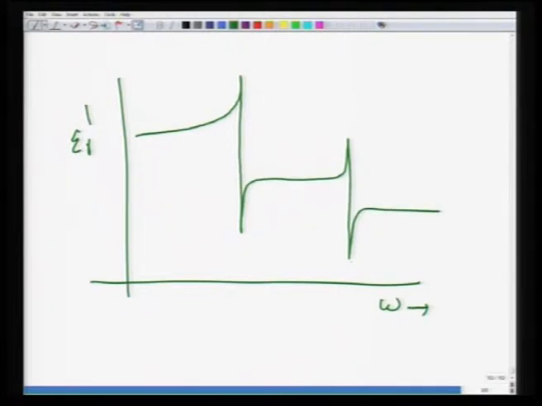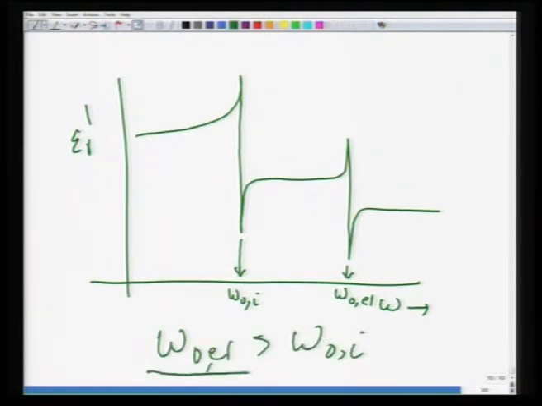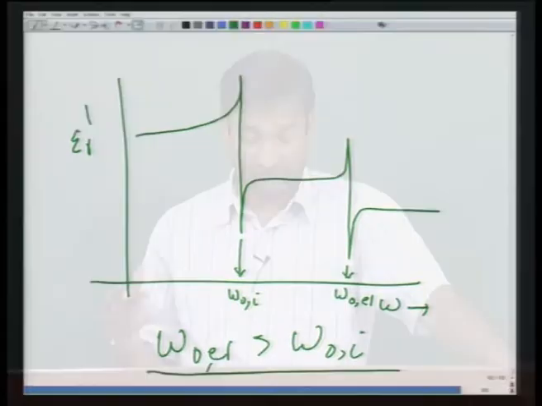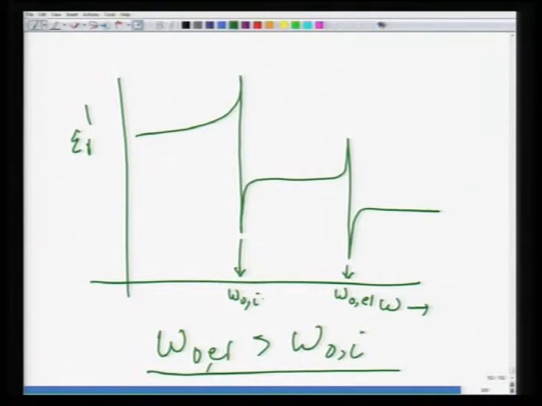So, this was omega naught electronic, and this was omega naught ionic. Of course, omega naught electronic is higher than omega naught ionic, because the entities involved in oscillation are lighter. We are talking of oscillation of electrons with respect to nuclei in an atom itself, whereas in case of the ionic mechanism we are talking of oscillation of two different ions with respect to each other.